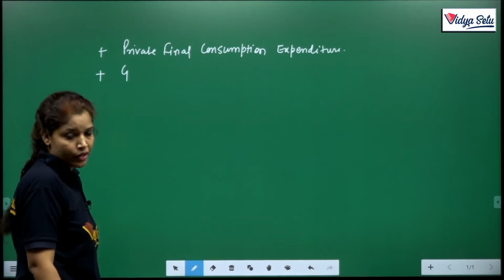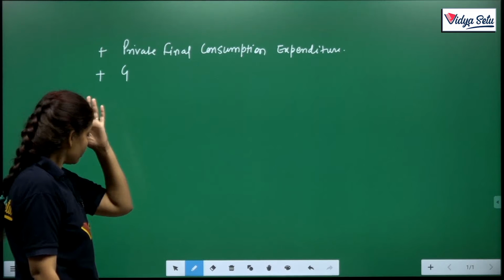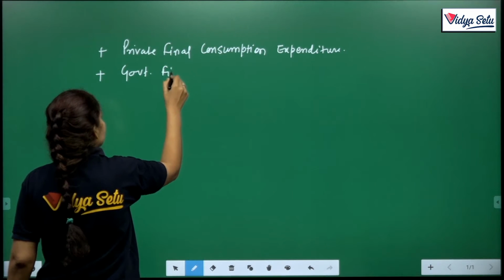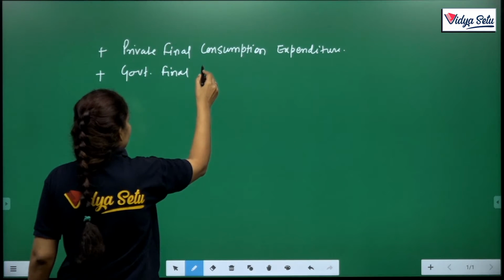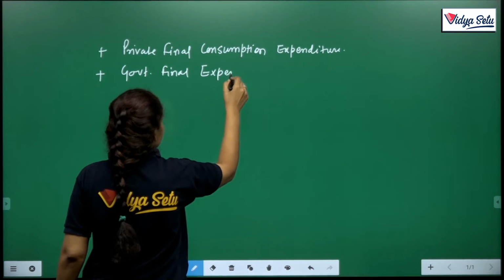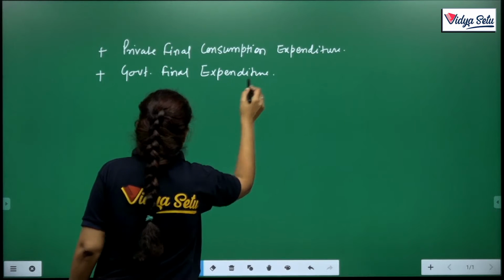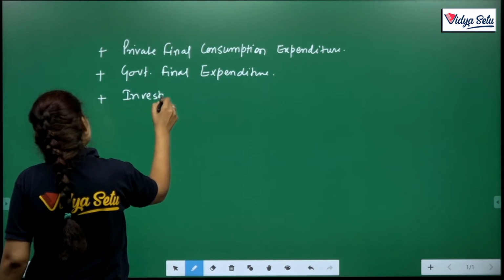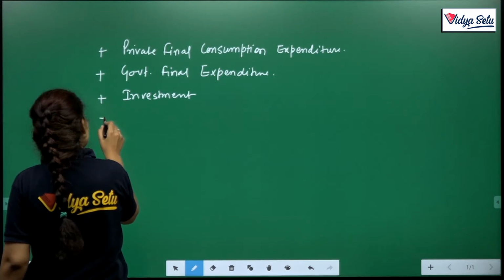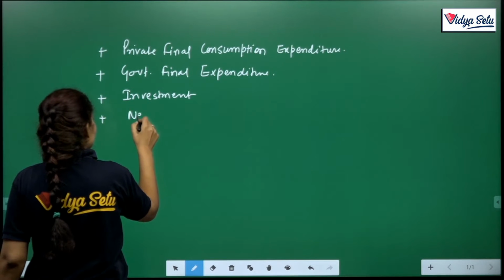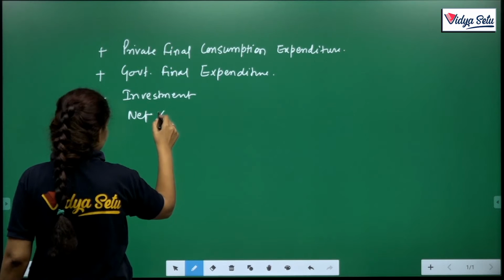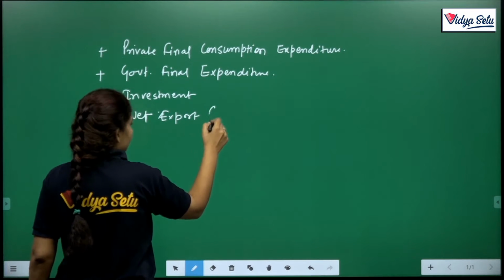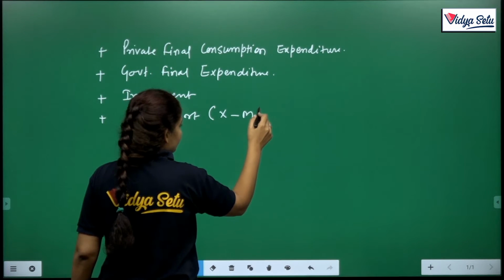We already discussed the four sectors in the circular flow. So, now government final expenditure, investment, and last one net exports. We also use X minus M, that is export minus import.